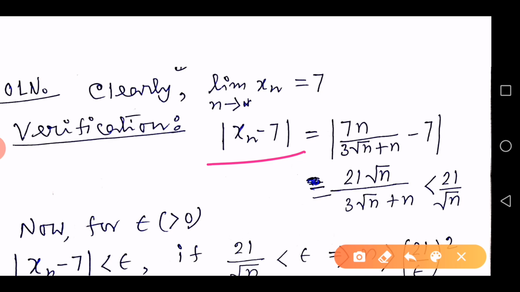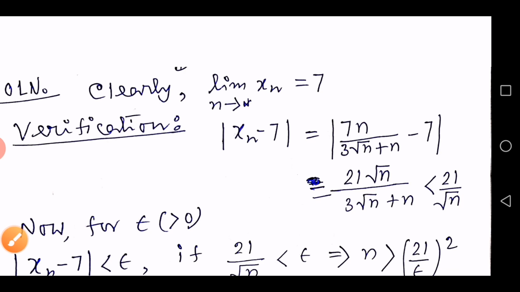Modulus of xn minus 7, this is the value of xn minus 7. After subtraction, we have this, which is less than 21 root n. We are omitting this term, that is why we get the less than sign. So 21 root n by n means 21 by root n.